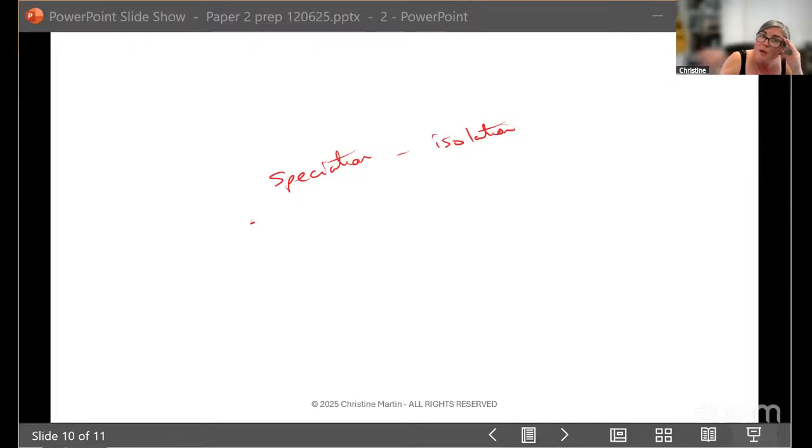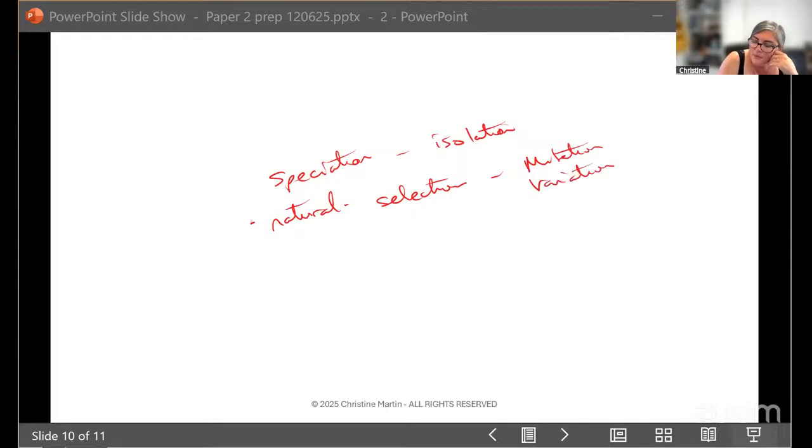Now we then want to jump back to natural selection, which is where we're going to add in some keywords. Natural selection is mutation, variation, selective pressure.